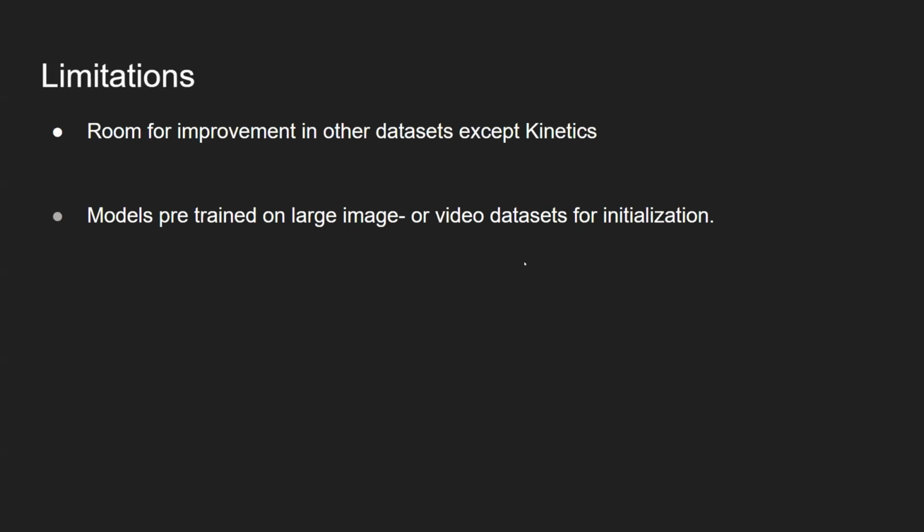And now we come to the limitations as stated by the authors. They performed really well on every set of Kinetics, but there is still room for improvement, such as in the Epic Kitchen dataset in the verb section. And the models are heavily dependent on pre-trained large data sets.